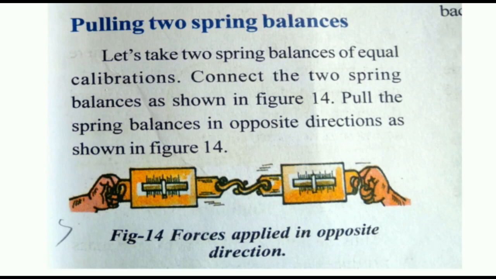According to the third law of motion, when an object exerts a force on another object, the second object also exerts a force on the first one, which is equal in magnitude but opposite in direction.